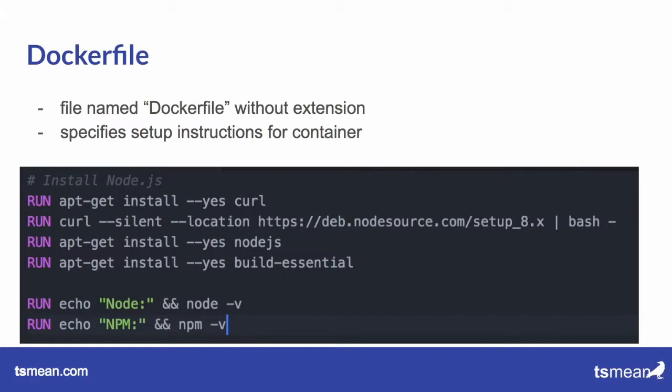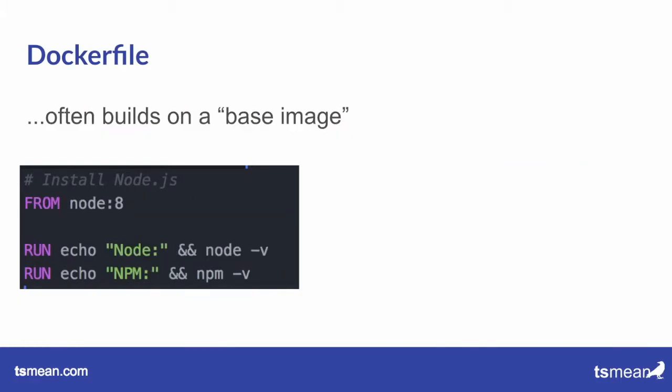And often you build a Dockerfile from a so-called base image. We'll get to what is an image in a minute, but this kind of shortens this installation of Node here. I just say FROM node:8.